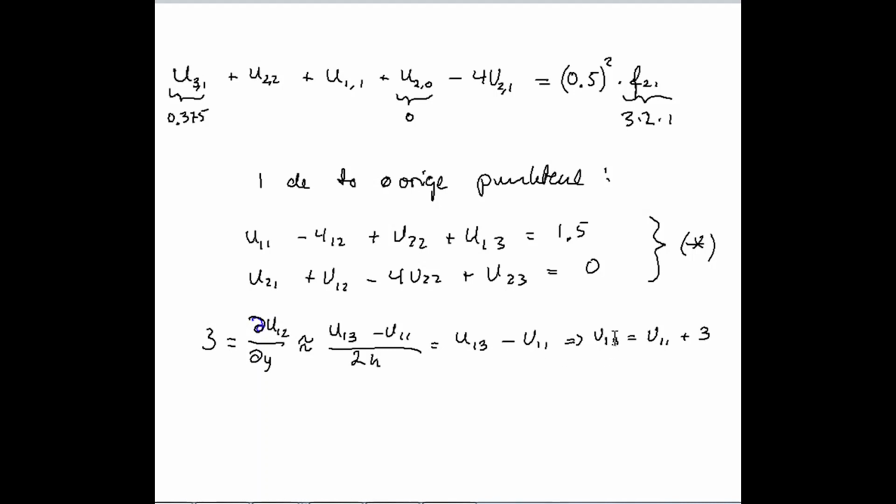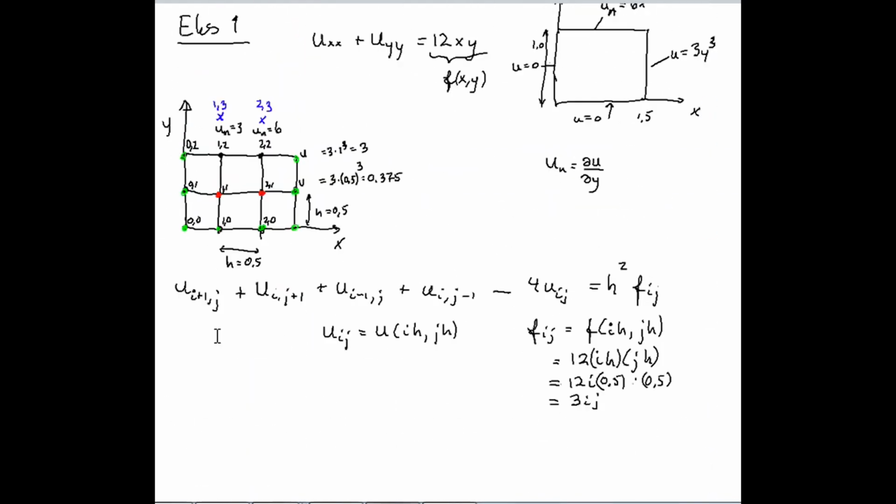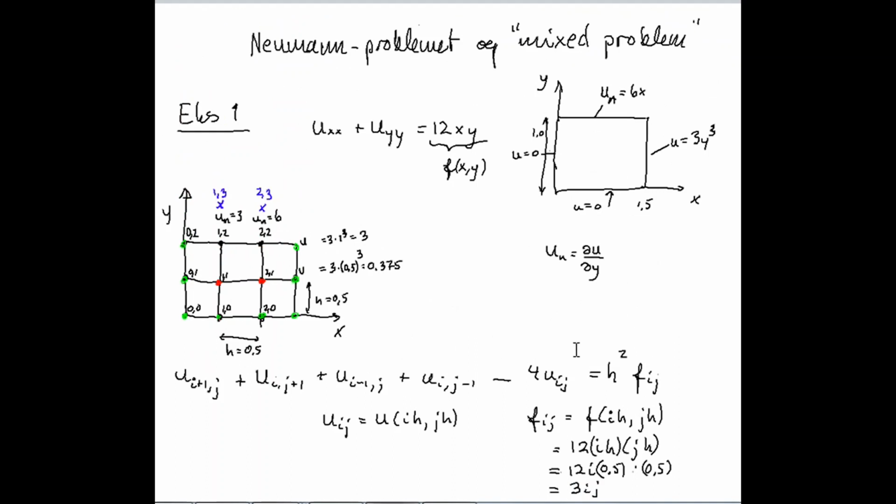Therefore we get that u_13 is equal to u_11 plus 3. Why is it 3 here? Let's just explain this for you. We have already said that the normal derivative should be equal to 6 times x, and x is in this point equal to 1/2, so therefore we have 3 here.